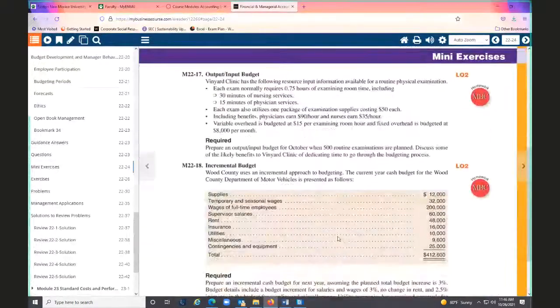Now, what about this next problem? 22-17. This is output-input budget, and it says Vineyard Clinic has the following resources: input information available for a routine physical exam. Each exam is 0.7 hours in the examining room, 30 minutes of nursing, and 15 minutes with the doctor.